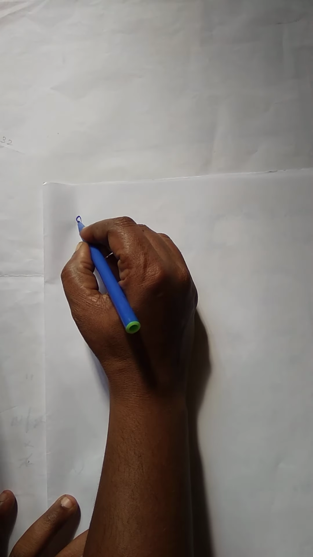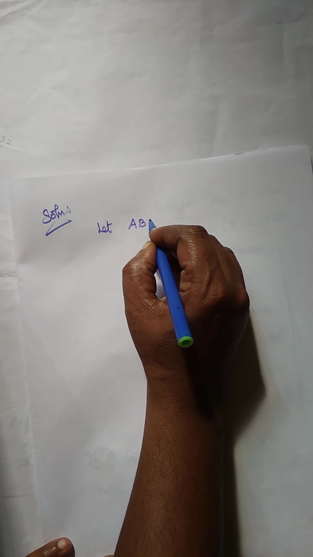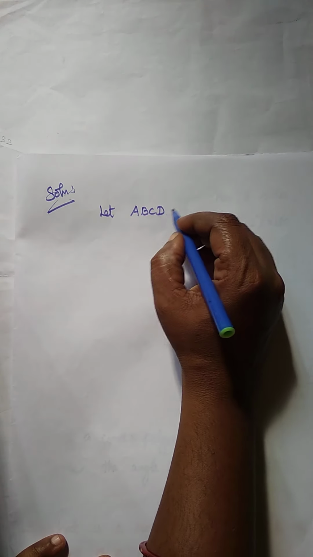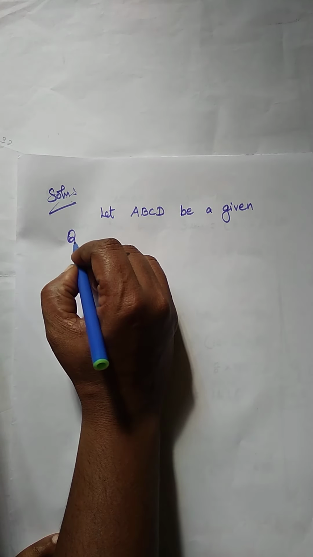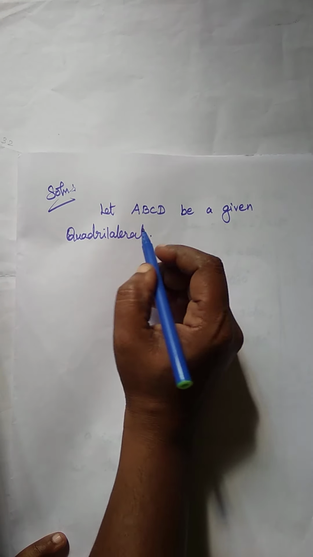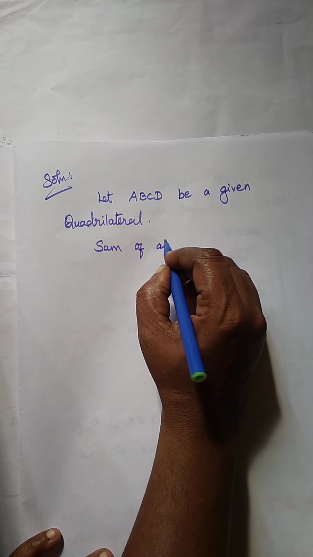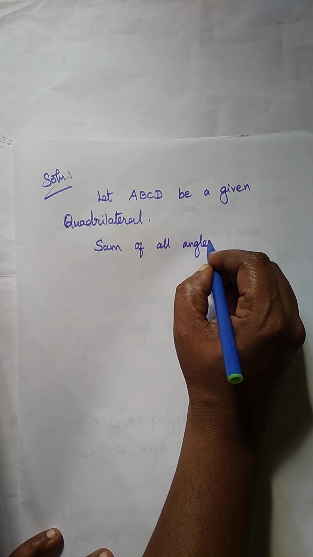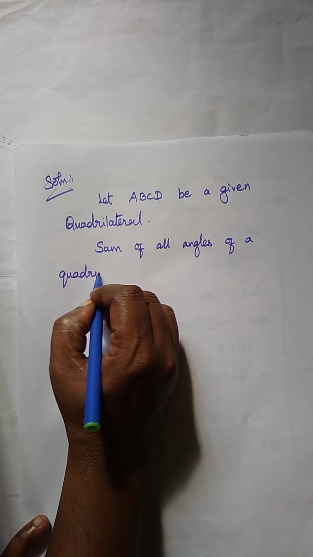Okay, first step we write that using the angles. Let ABCD be a given quadrilateral. Now write, sum of all angles of a quadrilateral is what? 360 degree.